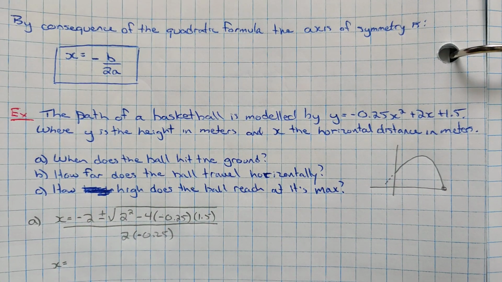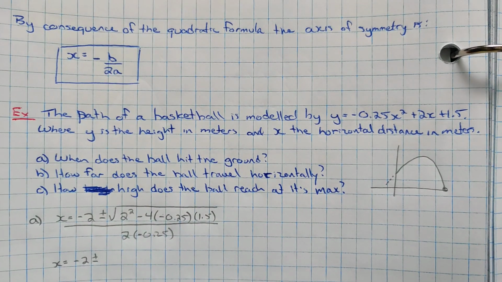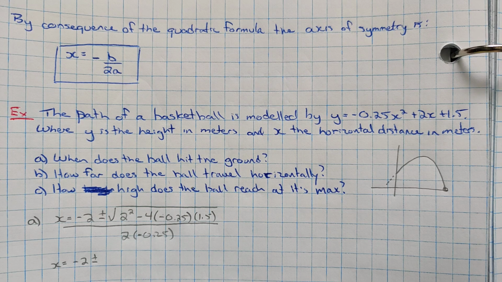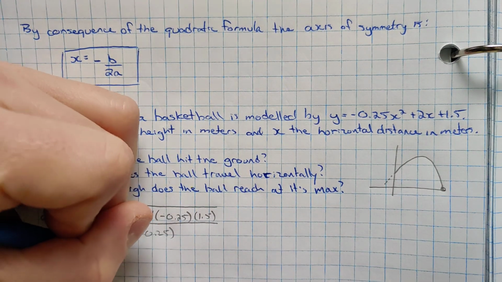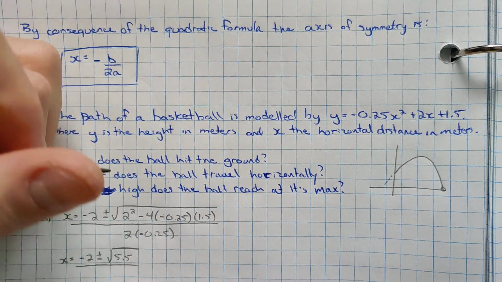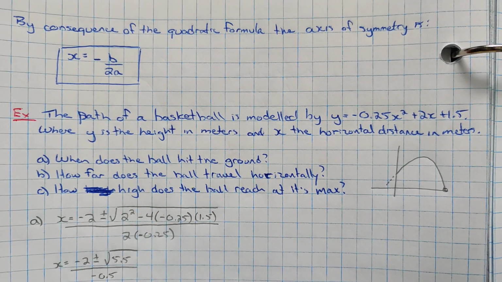So now if we calculate that in the brackets, we have the square root of 5.5 over negative 0.5.